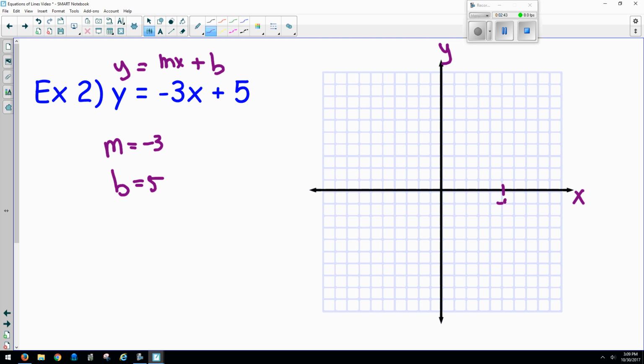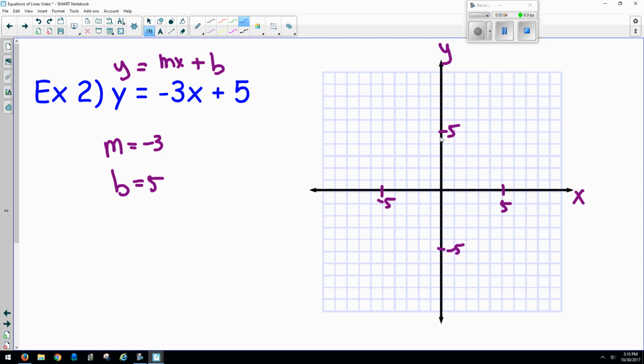So again, here's 5, -5. I'm going to start at the y-intercept, which is 5.